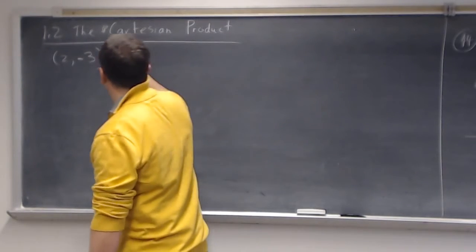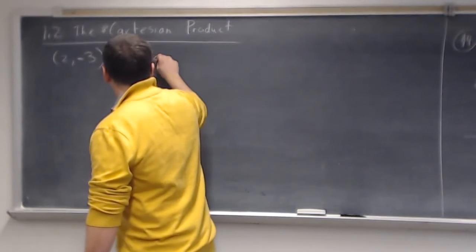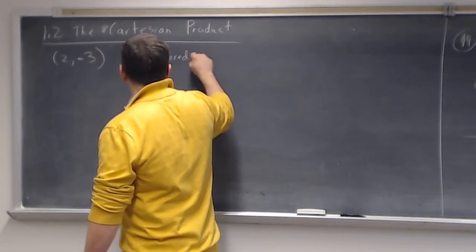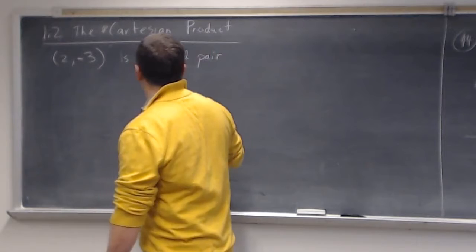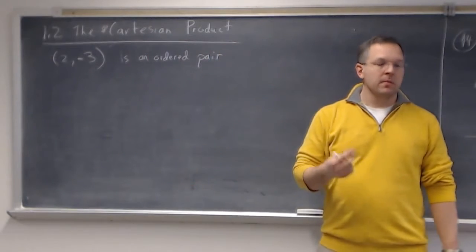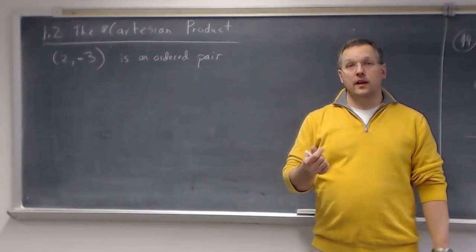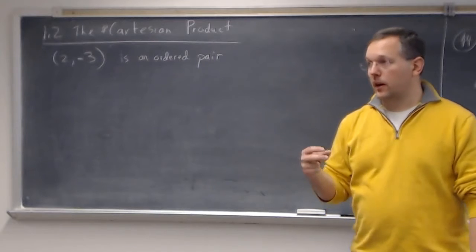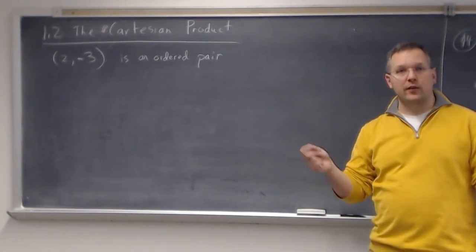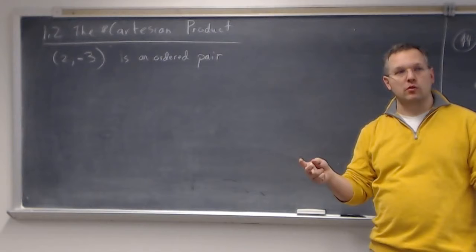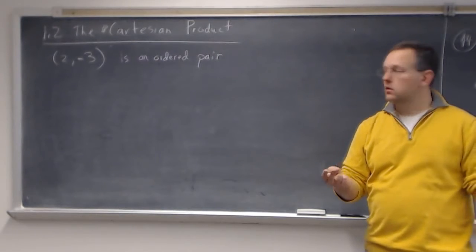It's an ordered pair. A pair, because there are 2 numbers, and ordered because, just like when you're looking at points in the plane, 2, negative 3 is different from negative 3, 2. Right? The order matters. Okay.